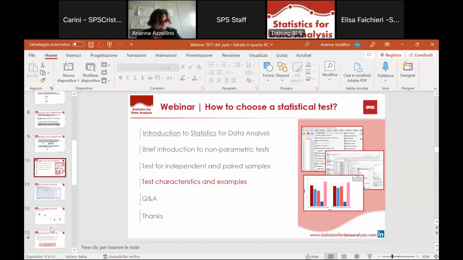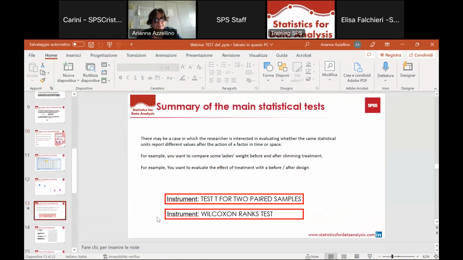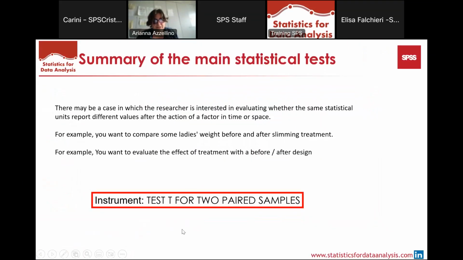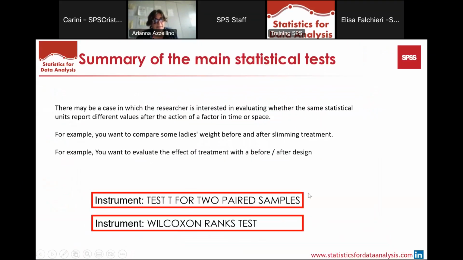Just very quickly about the corresponding non-parametric procedure for the pair design. We have the Wilcoxon rank test, which is again the non-parametric test used by most researchers as corresponding to the pair t-test.